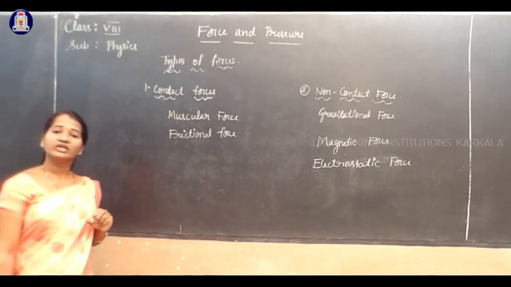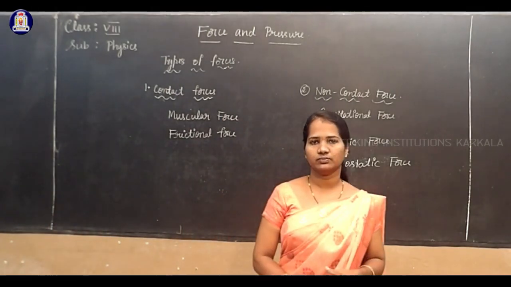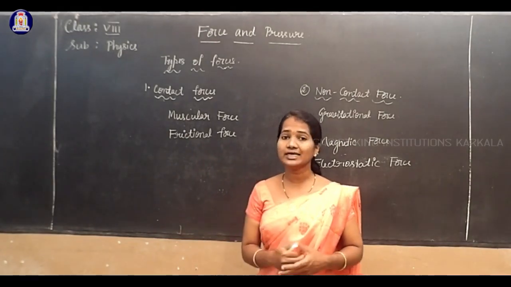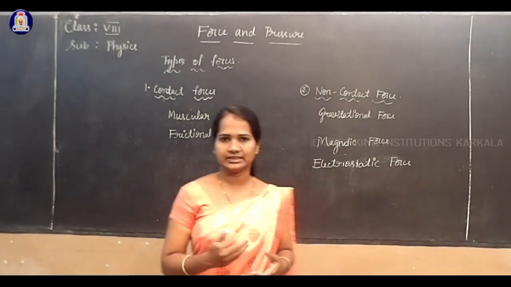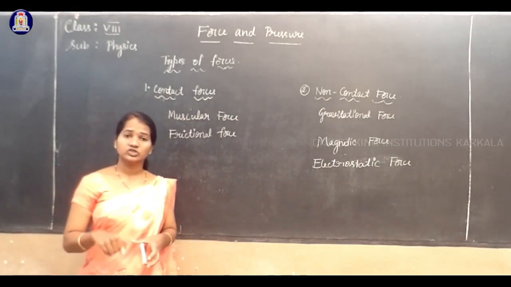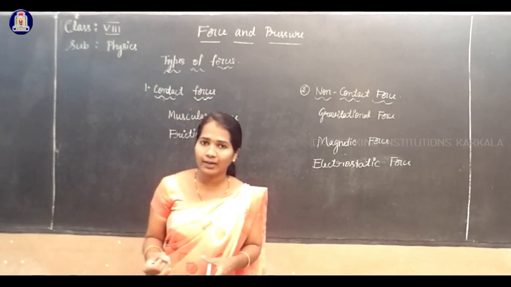The second one is frictional force. This is also one of the contact forces. So what is this friction? What do you mean by frictional force? Where can you see this friction? For example, consider you are pedaling a bicycle. Suddenly you apply the brakes. When you apply the brakes, what happens?